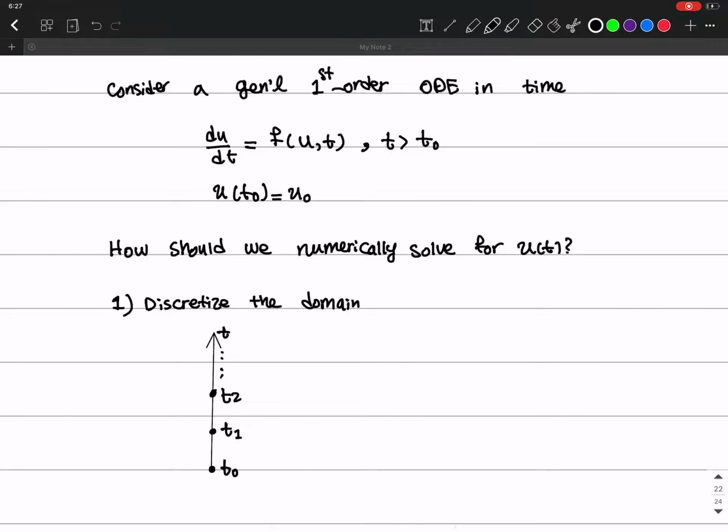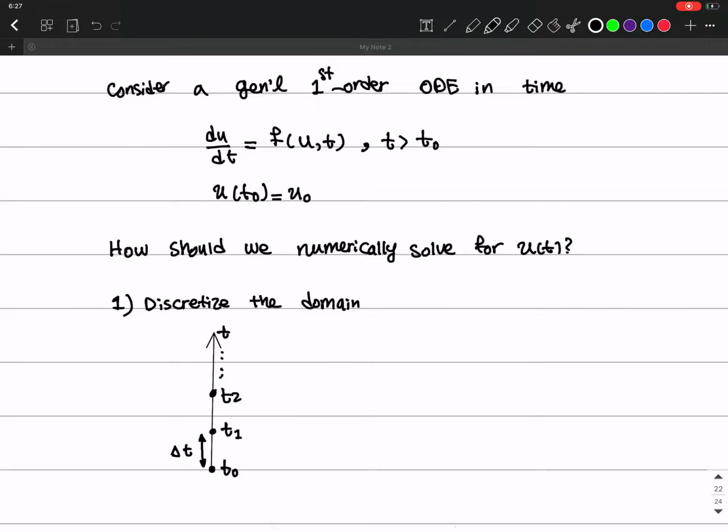And this difference between these two values is delta t.